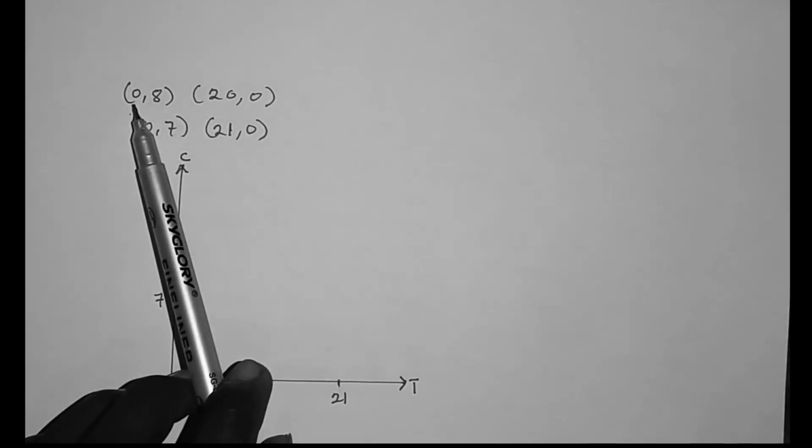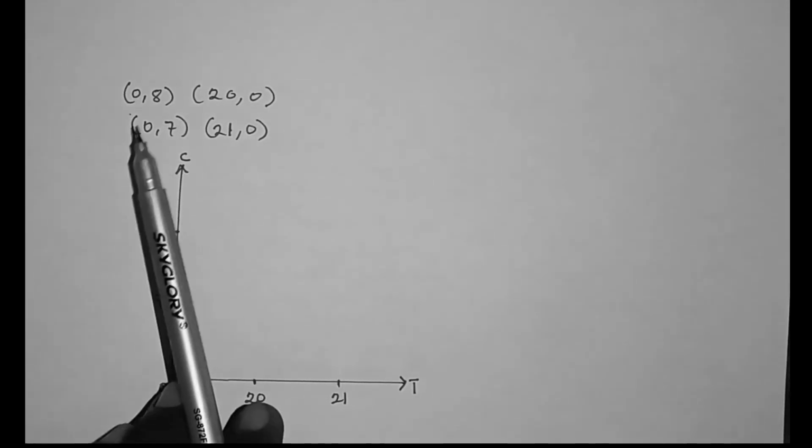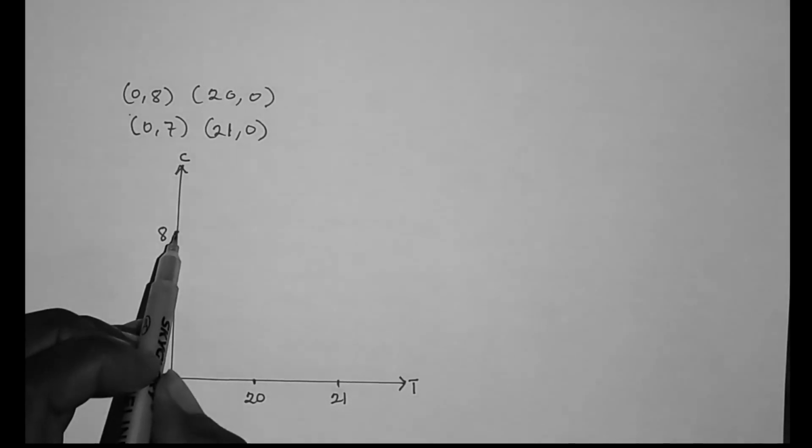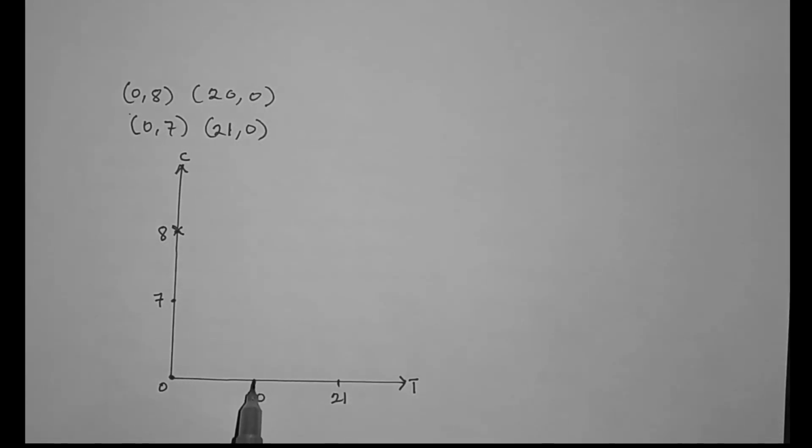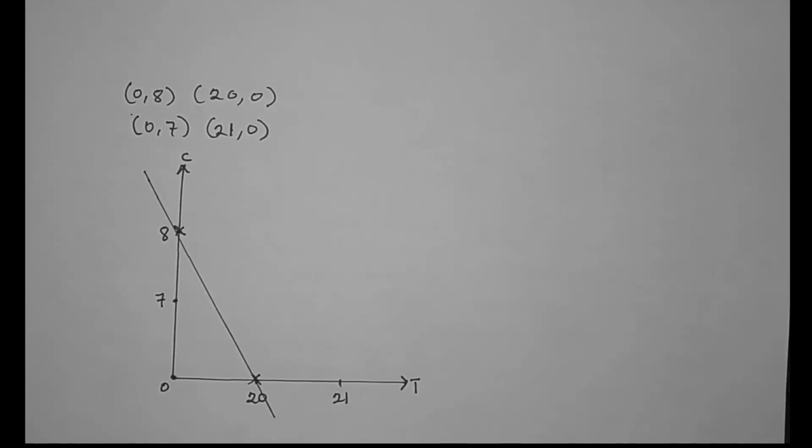So now let's plot the point 0, 8 and then 20, 0, and join the two points together. This is the line for the constraint 2T plus 5C is less than or equal to 40.